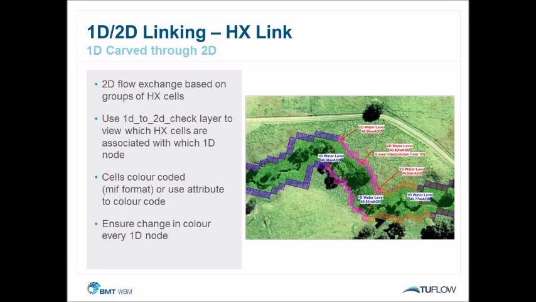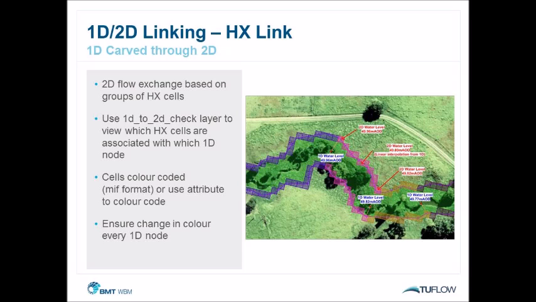Just another thing to check is the exchange of flow between your 1D nodes: you can visualize which cells are selected to do that. The diagram on the right shows the 1D 2D check layer that TUFLOW puts out, and that layer is color-coded if you pick up the style highlighting in that GIS layer.